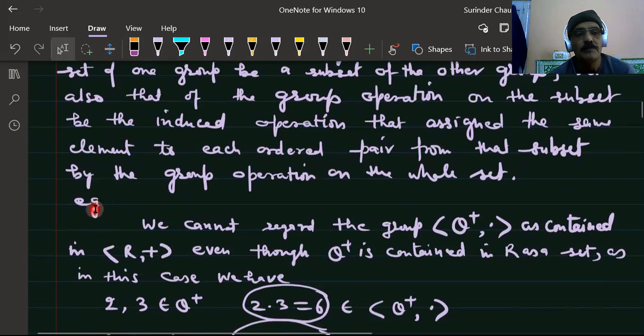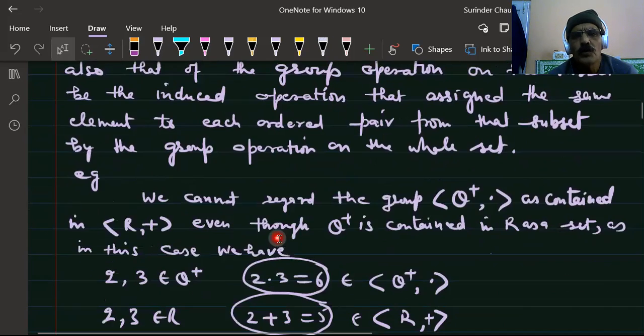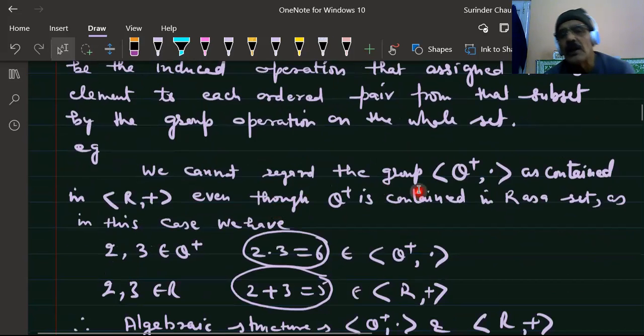Let's take an example. We cannot regard the set of positive rational numbers under multiplication as contained in the set of real numbers under addition, even though the set of positive rational numbers is contained in the set of real numbers.